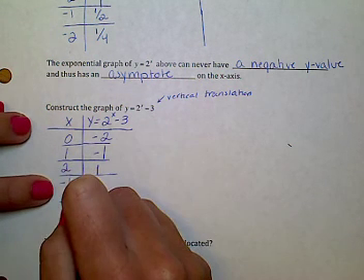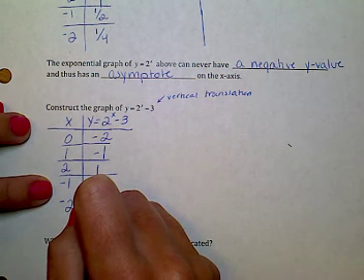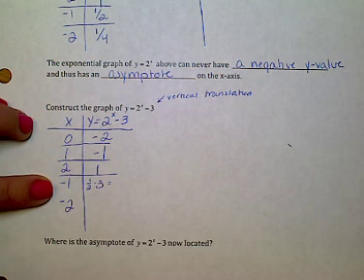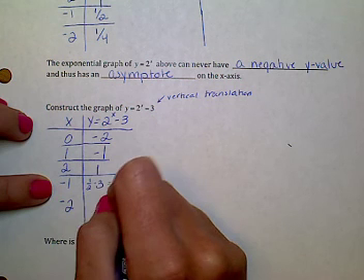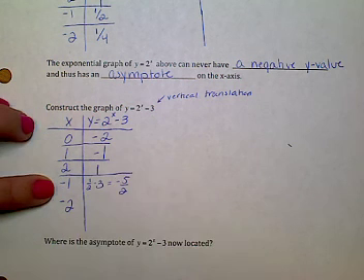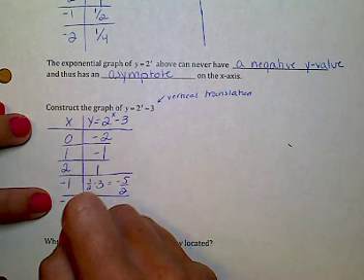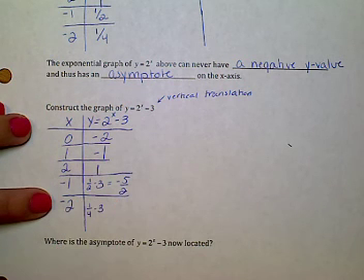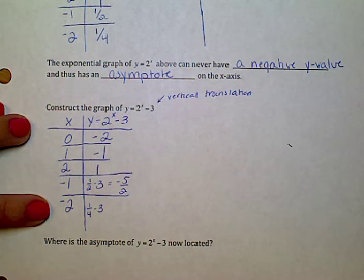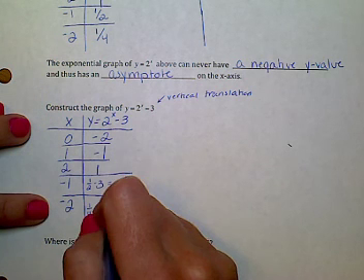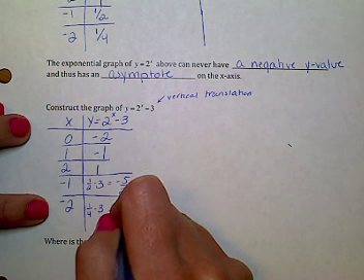We're going to have 1/2 minus 3, which would be 1/2 minus 6/2, which is negative 5/2, negative 2.5. And then if I plug in the negative 2, that's 1/4 minus 3, or 1/4 minus 12/4, which would be negative 11 over 4.